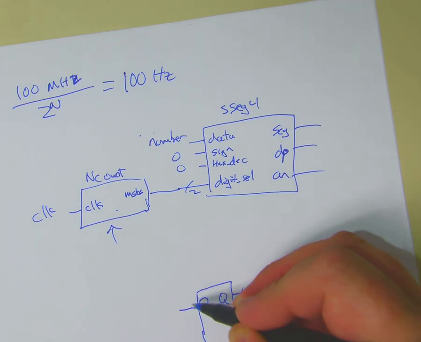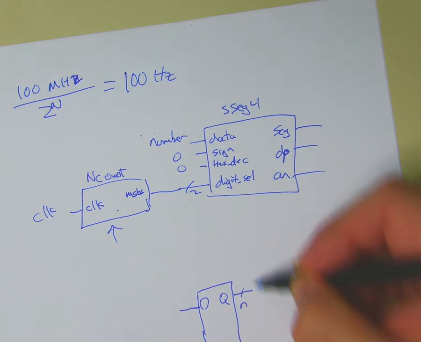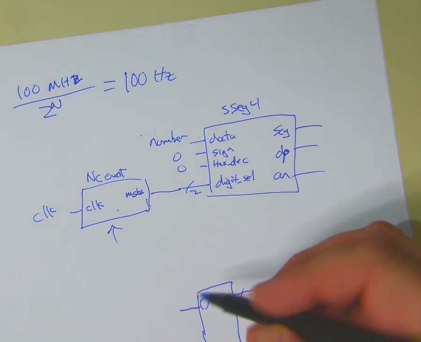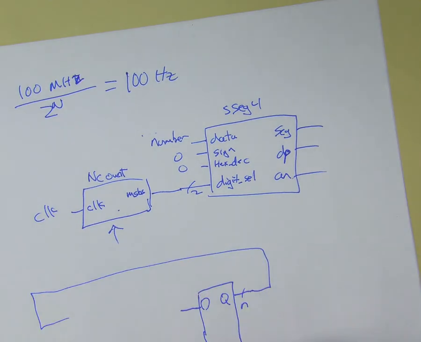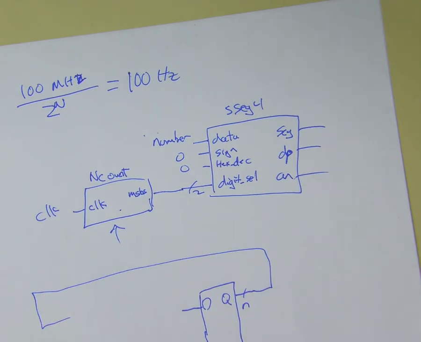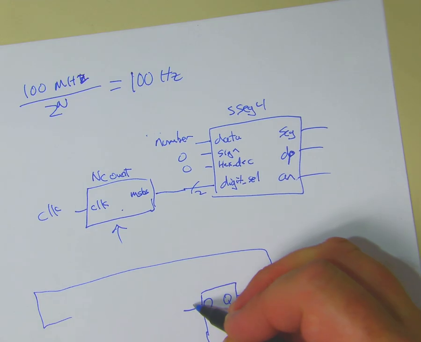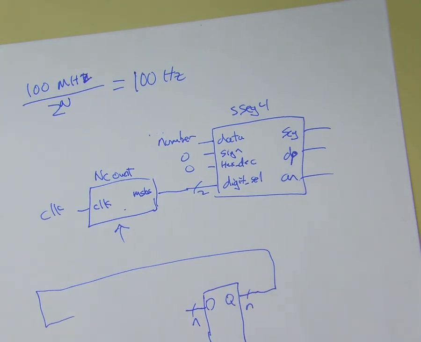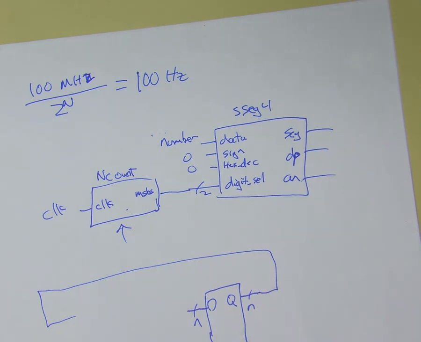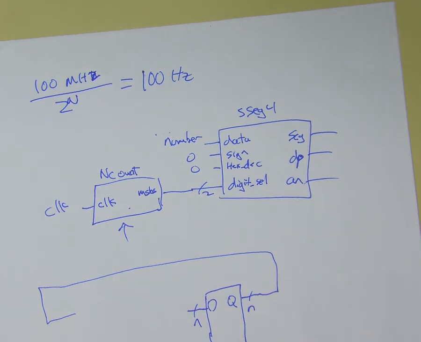Remember, we have our memory units, and I need to take something that takes Q as an input and calculates D. So how do I go from Q to D? N-bit number Q, N-bit number D. I have to add 1, which is an adder.